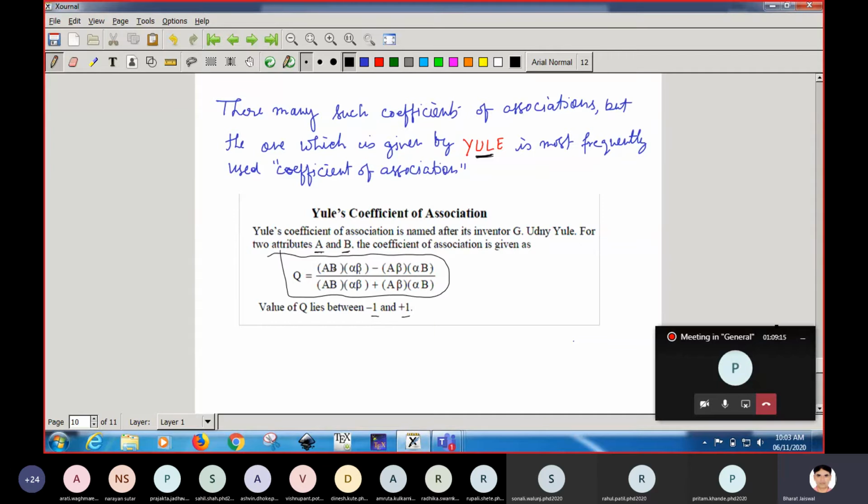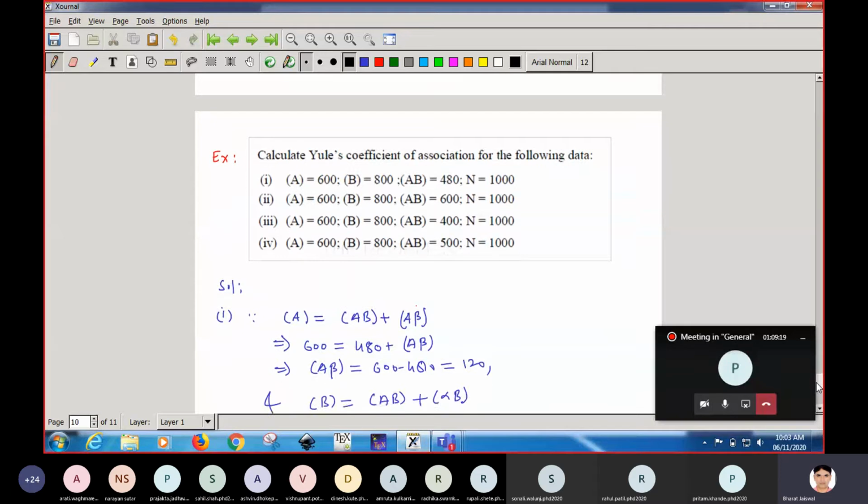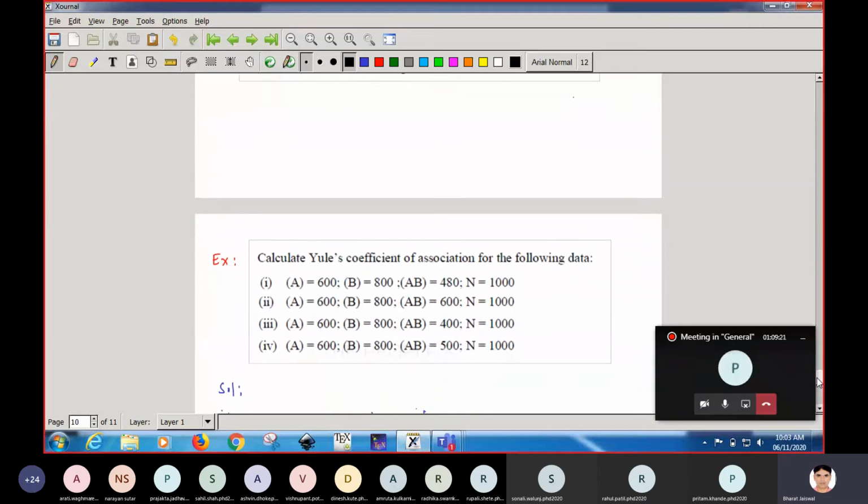Okay, so let us do some questions on this. Suppose this one. Calculate Yule's coefficient of association for the following data. There are 4 questions. Let us focus on the first one. A is given, B is given, frequency of AB is given, and total frequency capital N is given.